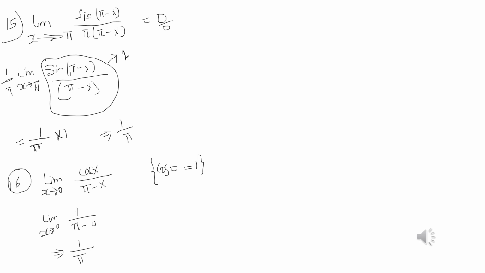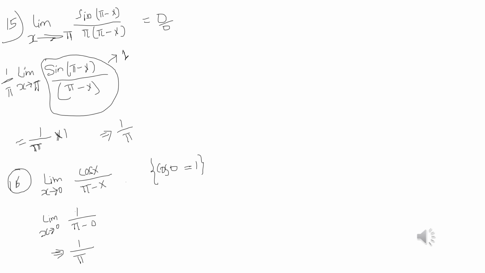But we have the formula I mentioned earlier, sin a divided by a, which gives 1. So here I take 1 by pi outside as a common factor, giving 1 by pi times limit x approaches pi of sin(pi - x) divided by (pi - x), which is again 1. The final answer would be 1 by pi.